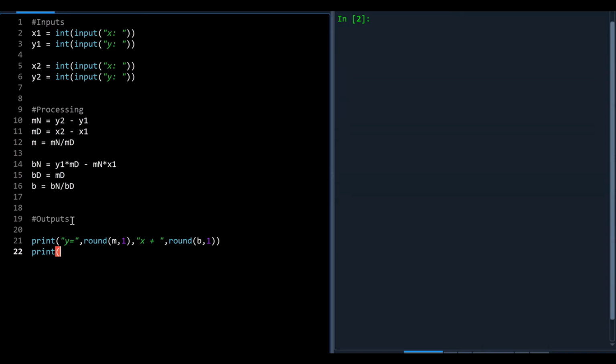Okay, and now we can print out the fractions. So we'll do mn slash md x plus bn slash bd. Okay, and we'll see how that works out here.